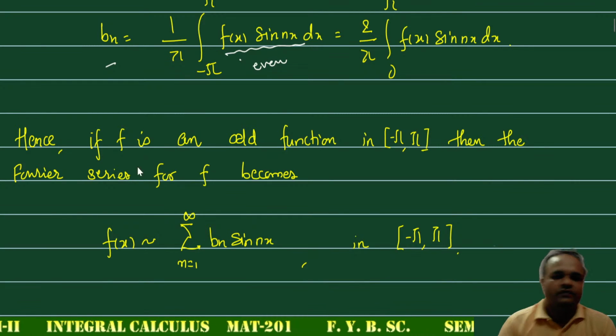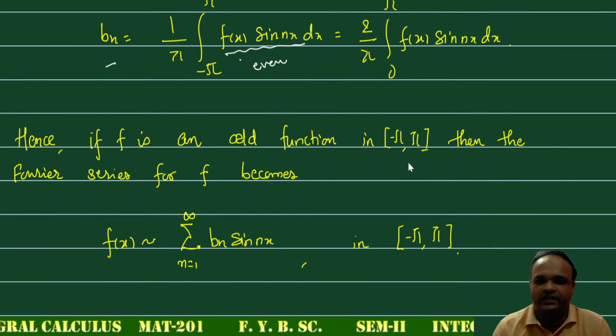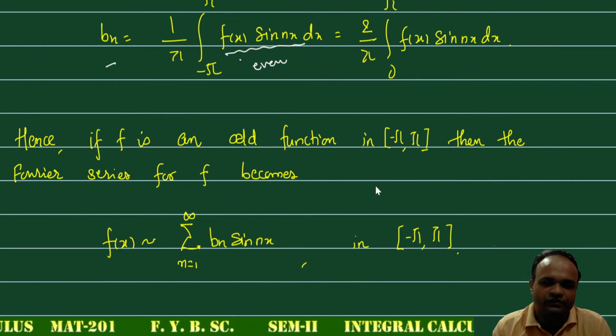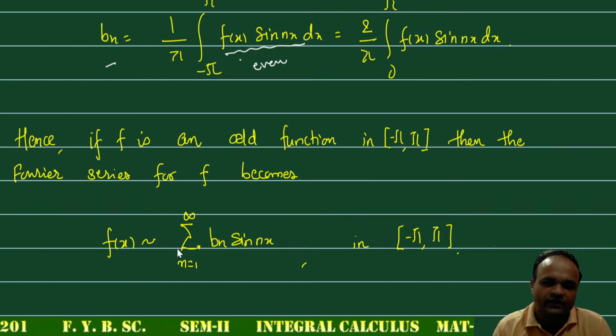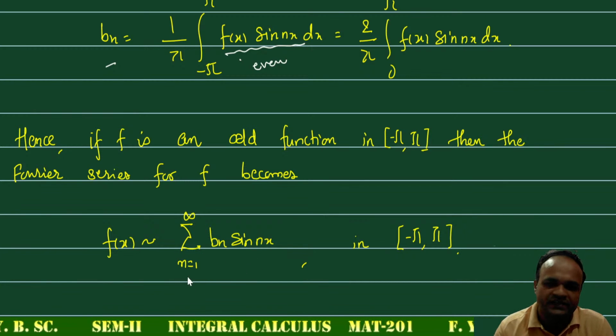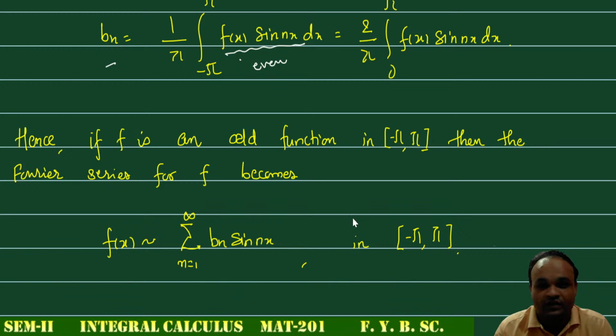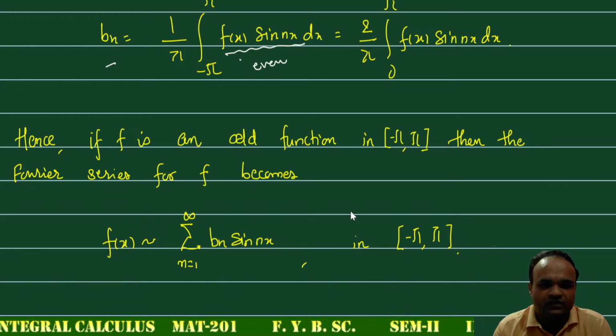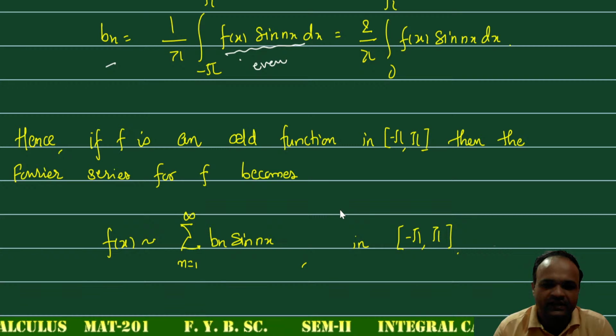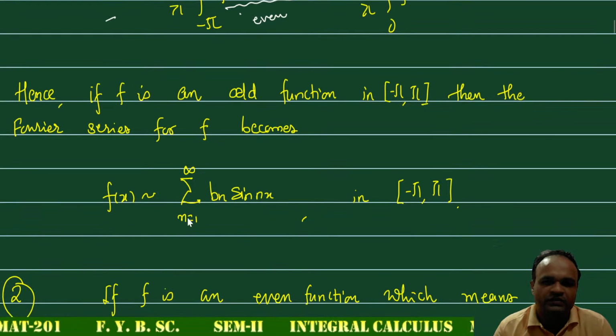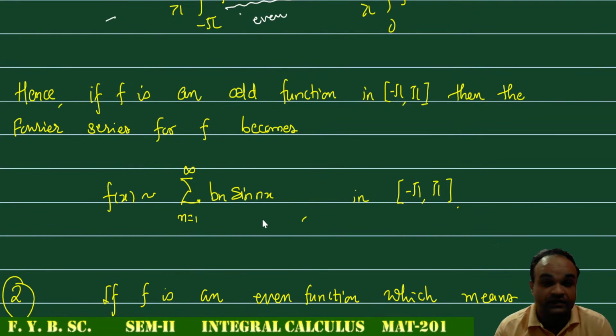Hence, if f is an odd function, the Fourier series of f(x) is nothing but summation bn sin nx, n varies from 1 to infinity.